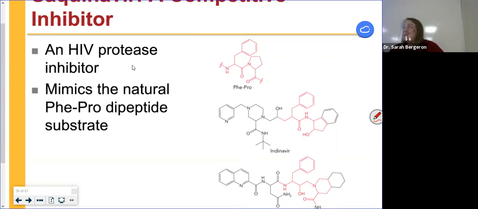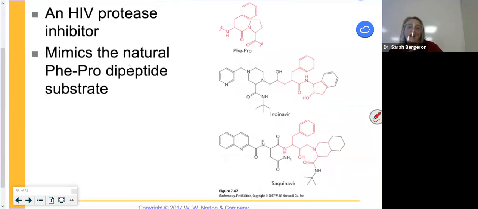That's the beauty of these inhibitors, that you can make them insanely specific, and they target only one enzyme. If you can find an enzyme that is specific in a virus or a bacteria, and you can inhibit that, then you're golden, then you're good, right?